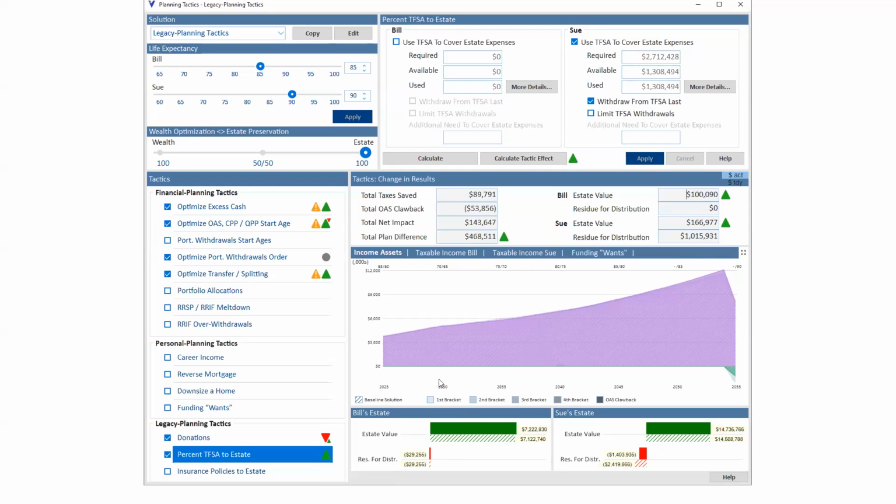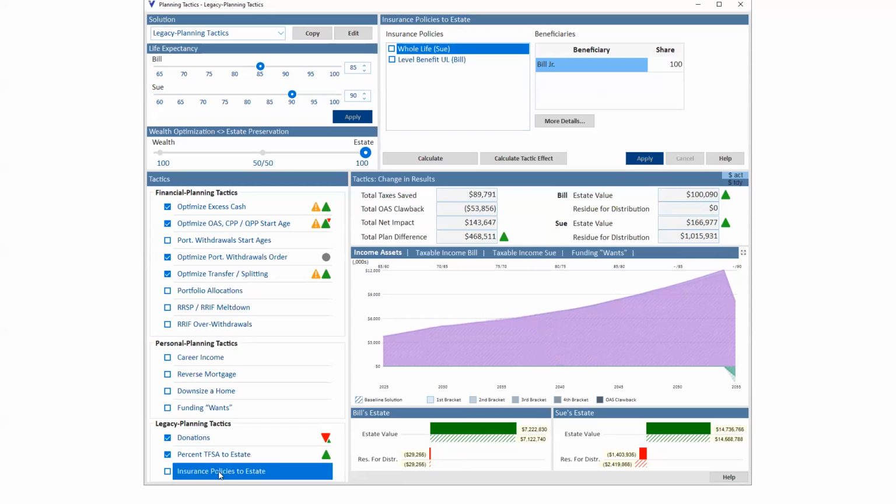So what we'll do next is we'll look at insurance policies, and you can see here there's an insurance policy for Bill. Right now it's going to Sue, which is fine. There's no issue on Bill's death. But I also have an insurance policy in Sue's name.